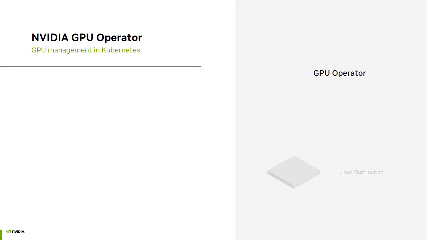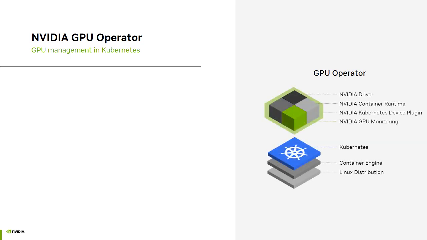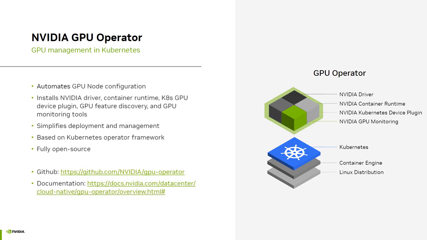The NVIDIA GPU Operator is an open-source software that gives IT infrastructure teams everything they need to use GPUs on Kubernetes. It does this by automating the deployment and management of all NVIDIA software required to use GPUs on Kubernetes. The NVIDIA GPU Operator includes the NVIDIA Data Center GPU Manager, or DCGM, which is a suite of tools for managing and monitoring NVIDIA Data Center GPUs in cluster environments.